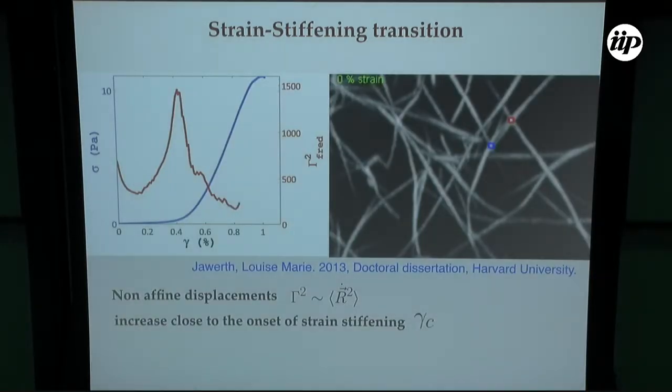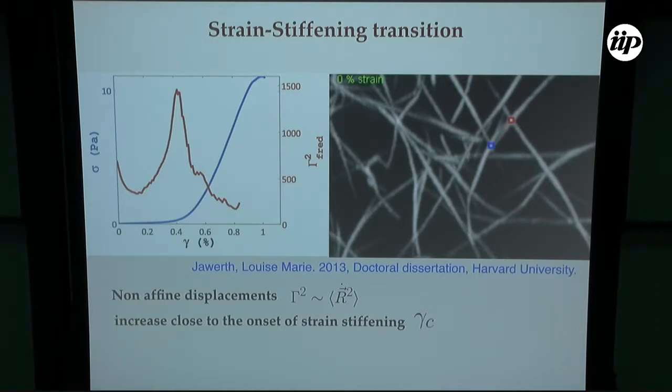The first experiment that showed that there might be some kind of critical behavior related to this transition was done by Louise Jawert around 2013. She followed the nodes that correspond to the cross-links of this polymer while the system was being strained, and she measured the non-affine displacement.